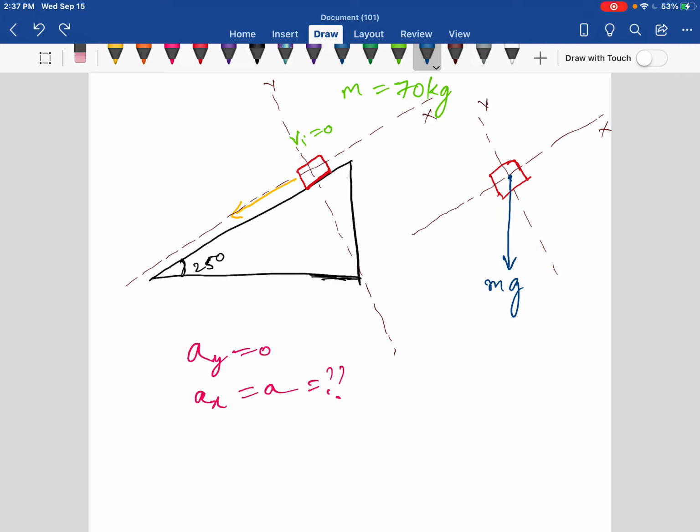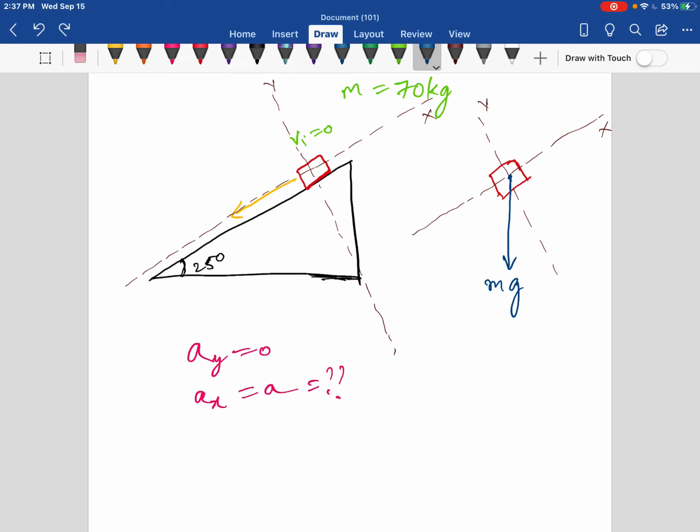Are there any other forces acting on this object? To recognize whether there are any other forces, you have to see what the object is touching. The object is not touched by any rope. There isn't any rope attached to that object, so no tension force.